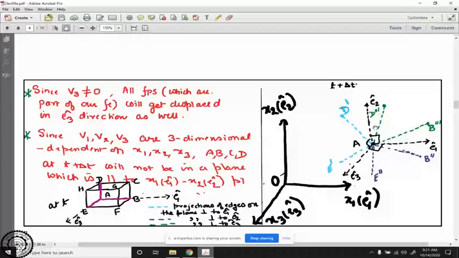On the left bottom side, these are the three edges I am focusing my attention on: AB, AD, and AE.